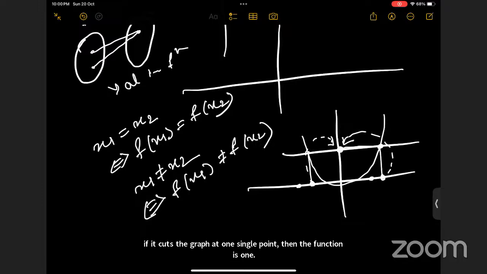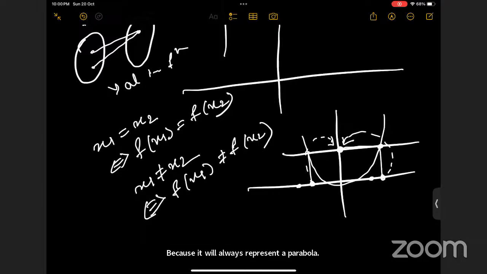Ma'am, we can say now that a quadratic function is always not one-one. Yes, because it will always represent a parabola, and for a parabola the horizontal line will always cut the parabola at two different points. So for two points on the negative side and the positive side in the domain, we will find the same image.